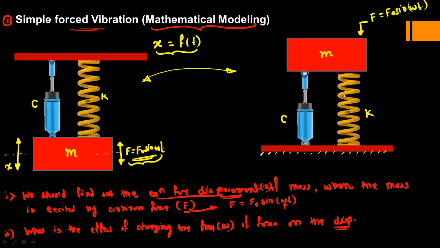Now for this oscillation, we should write the equation of motion. So we will use Newton's second law to derive the equation of motion. So this is the schematic diagram for a simple forced vibration.